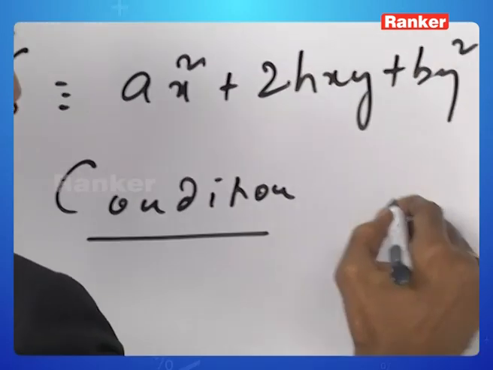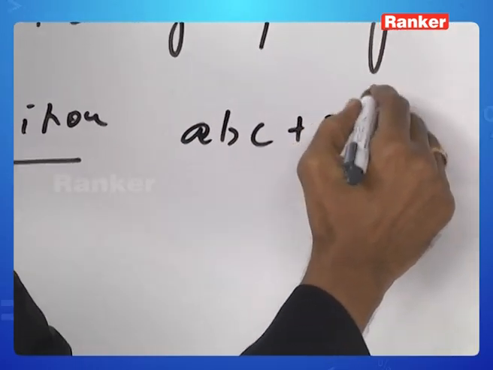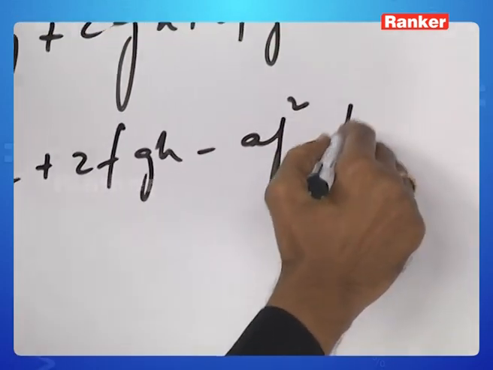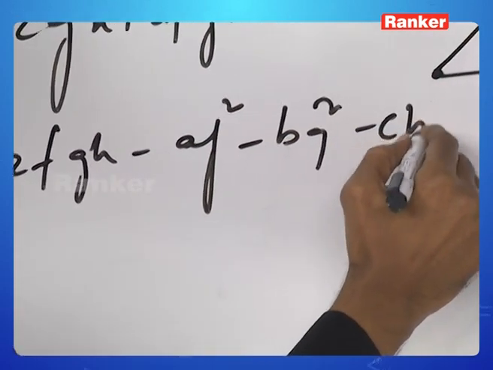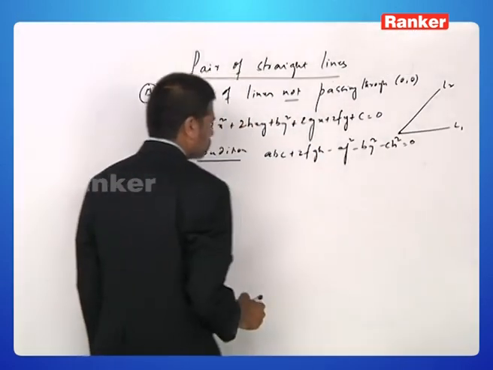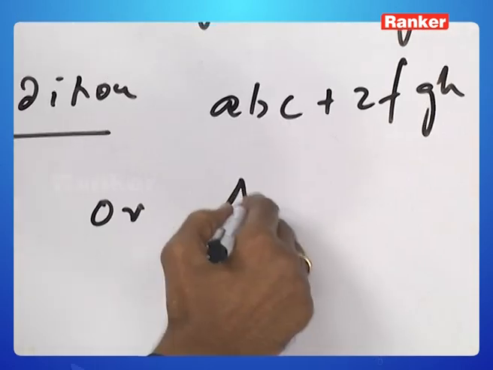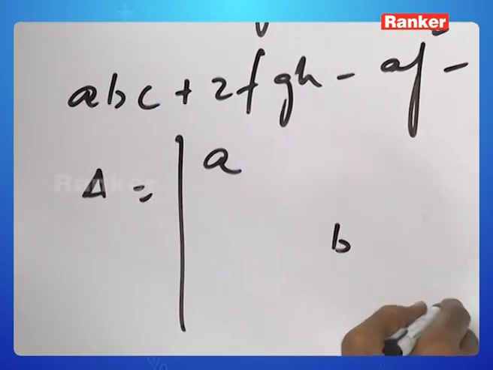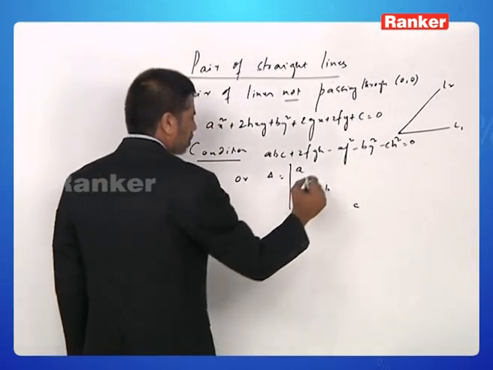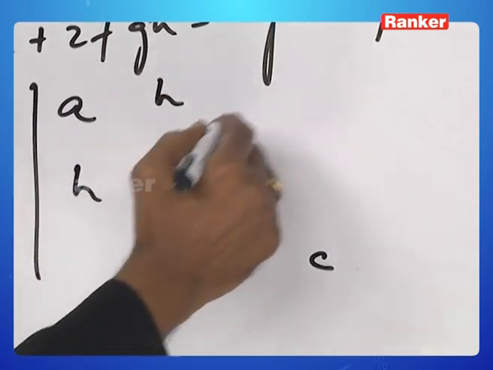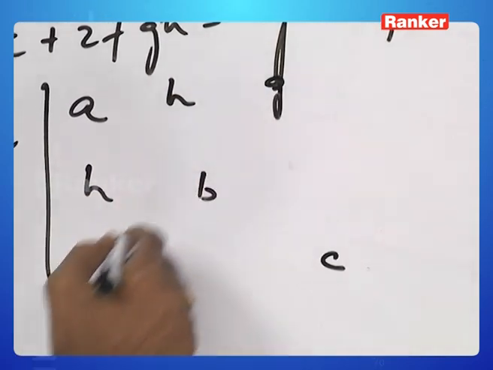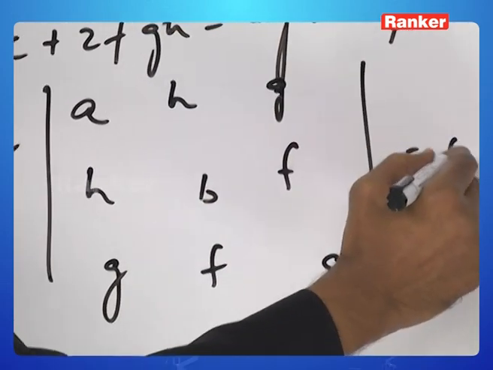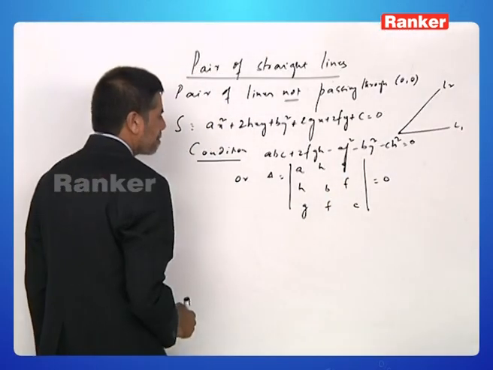That condition is abc plus 2fgh minus af squared minus bg squared minus ch squared is equal to 0, which can also be put in the determinant form. Determinant with a, b, c on the diagonal, and symmetrically h, g and f. This will produce the same thing.